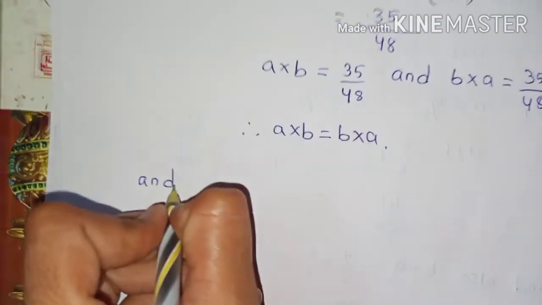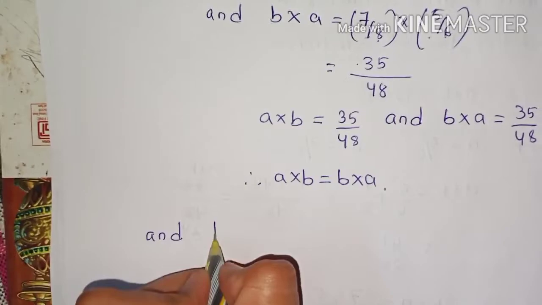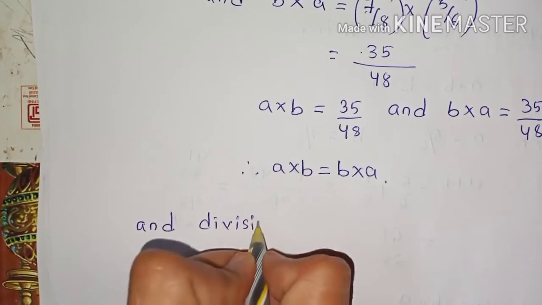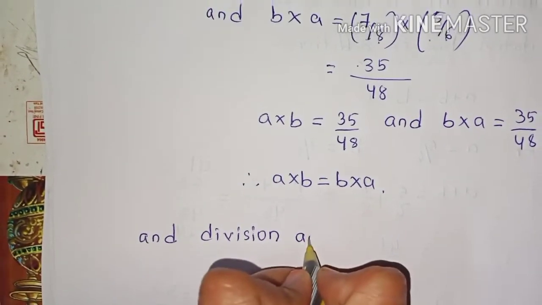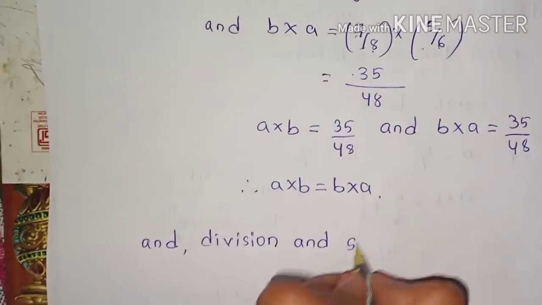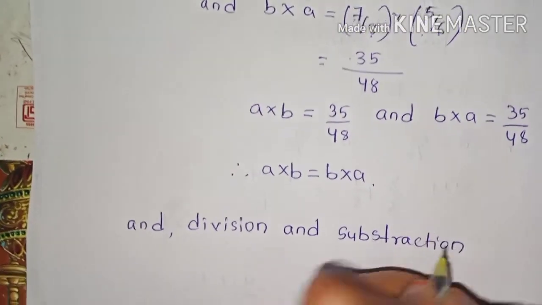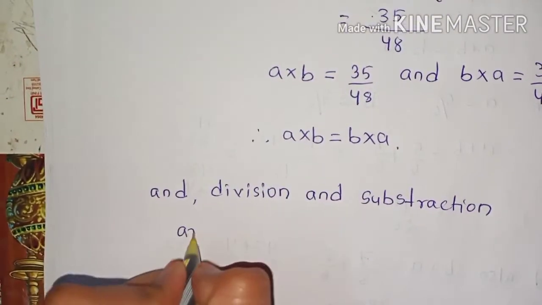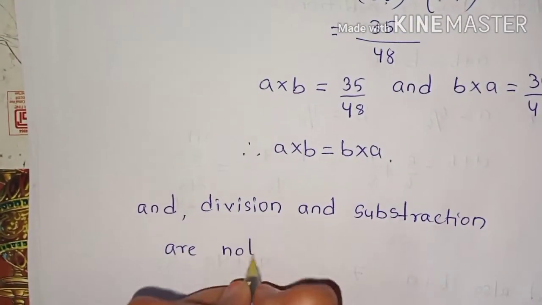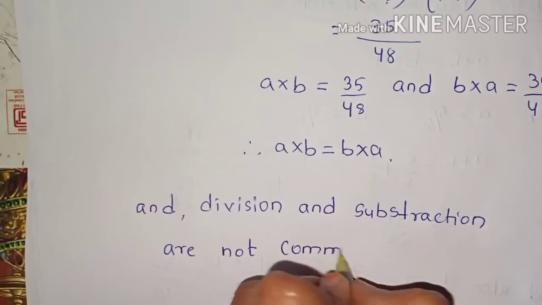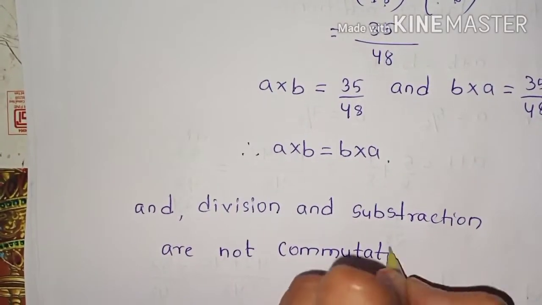And division and subtraction are not commutative.